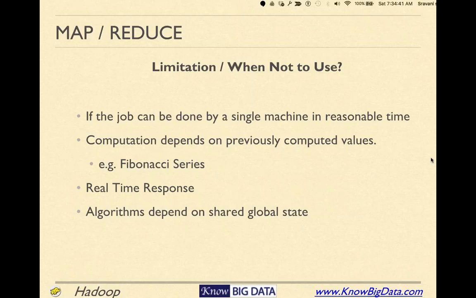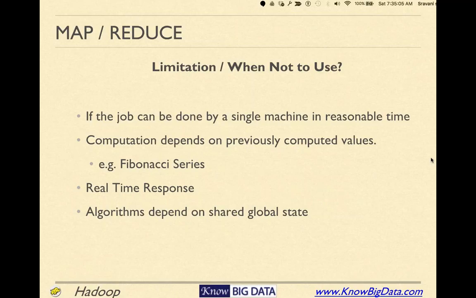It cannot be done in parallel or on multiple computers. Therefore, problems like the Fibonacci series cannot be solved using MapReduce. It wouldn't make any sense to distribute that kind of logic, or it will not be possible to distribute it.